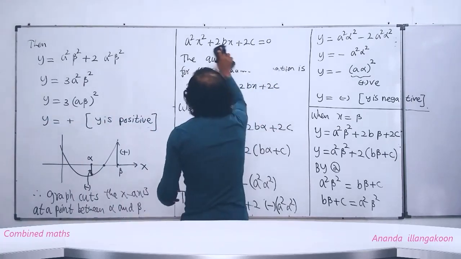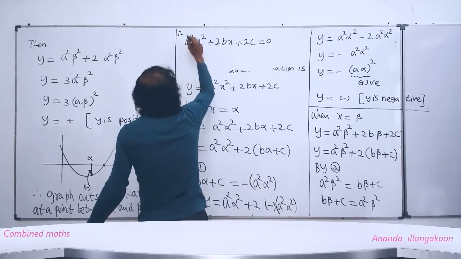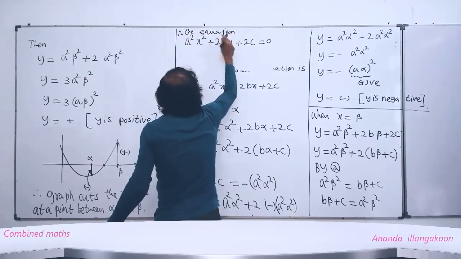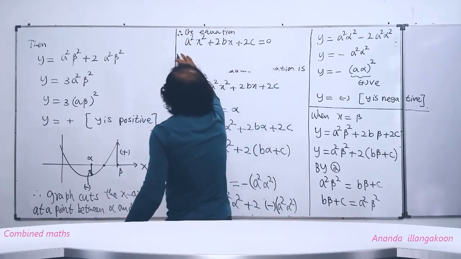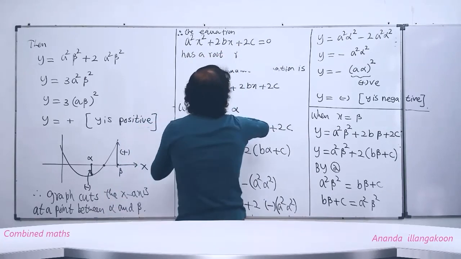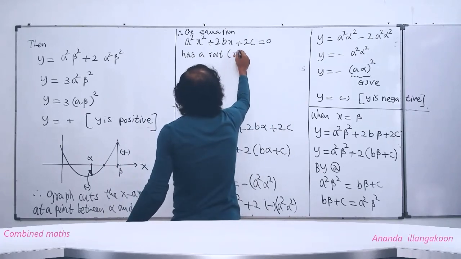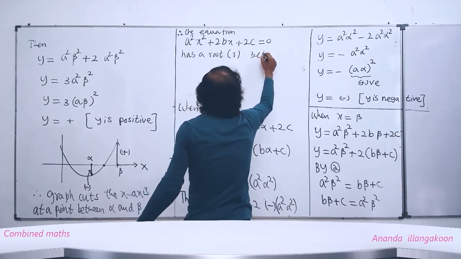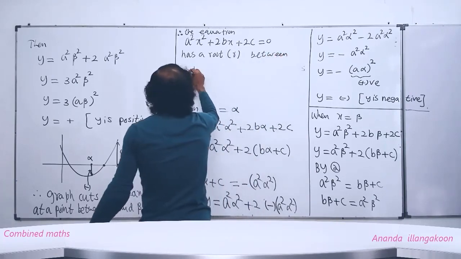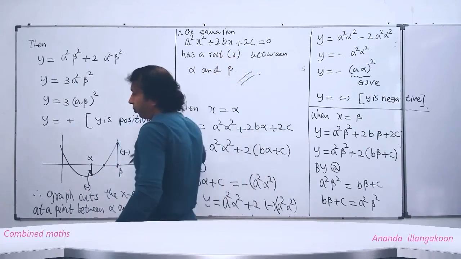Therefore, you can write: the equation has a root, given as gamma, between alpha and beta. This is how we prove that part, people.